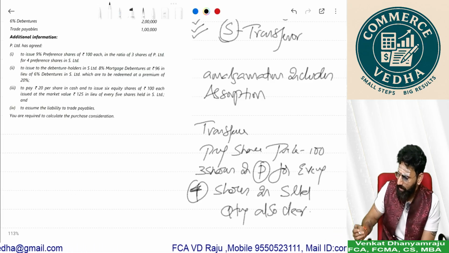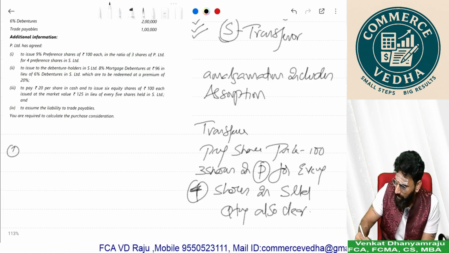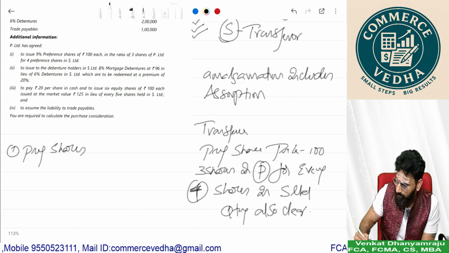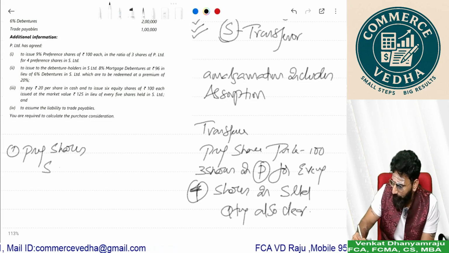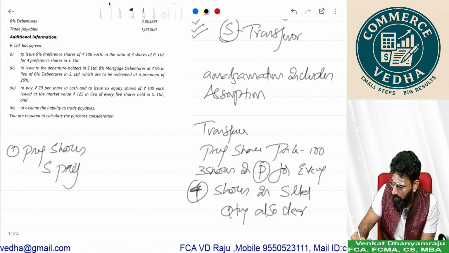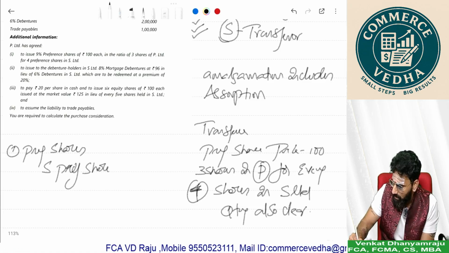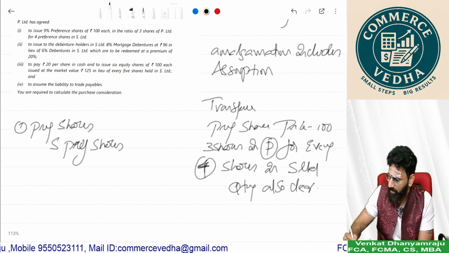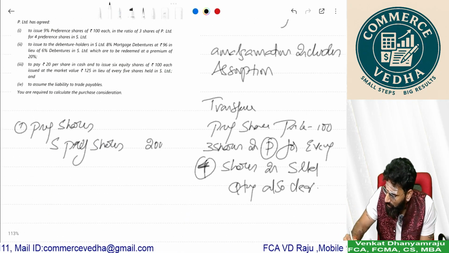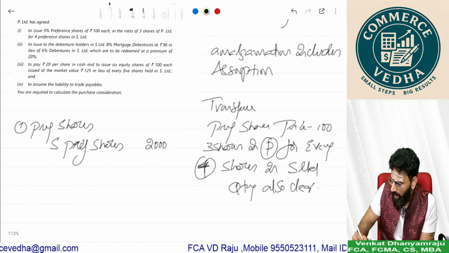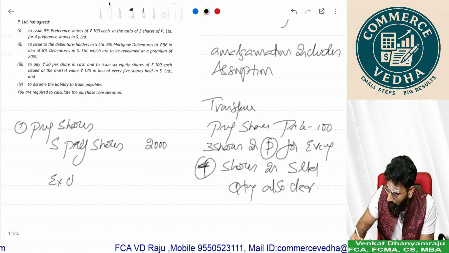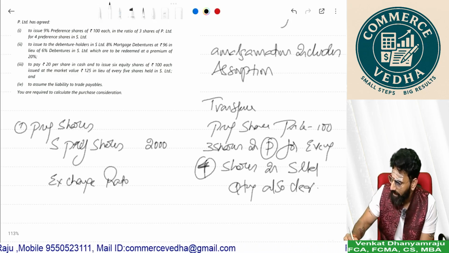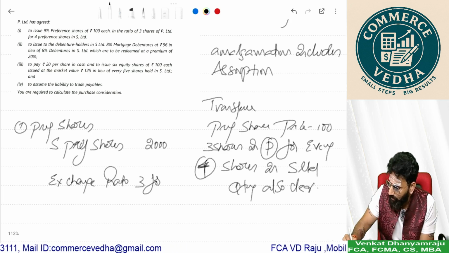So I'll do it here. Number 1, preference shares. How many S preference shares? 2000 preference shares. Now, the exchange ratio is 3 for 4.